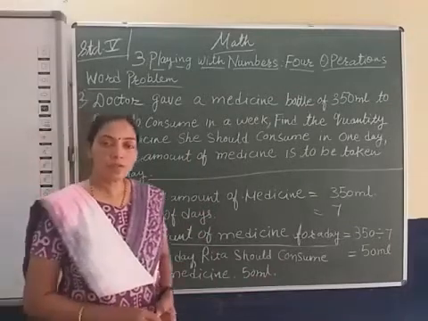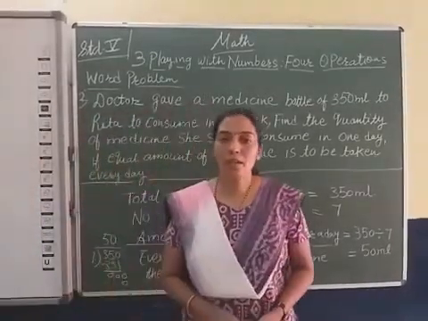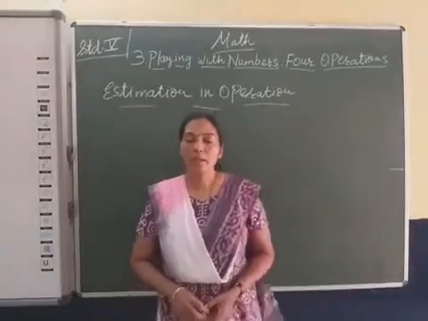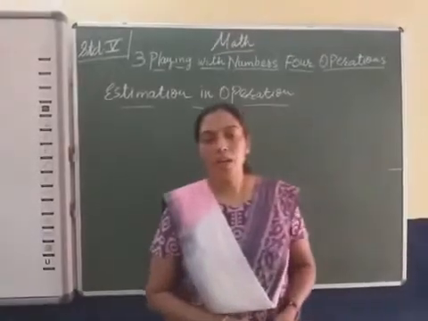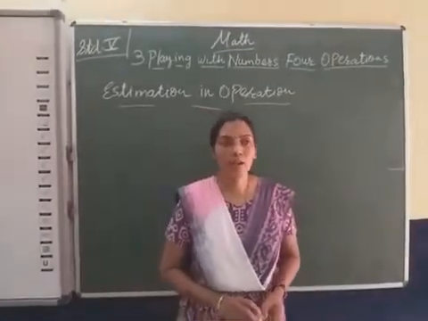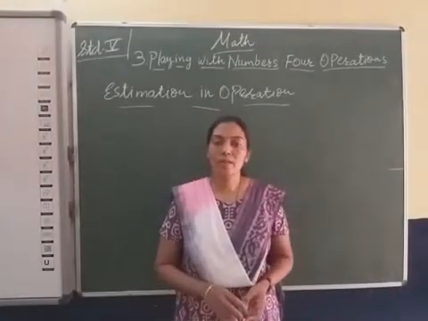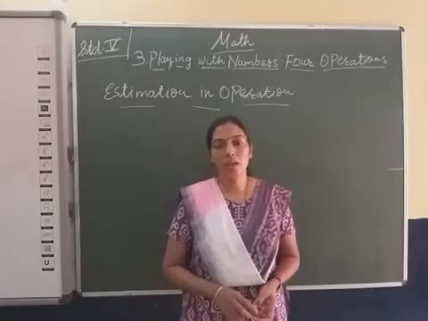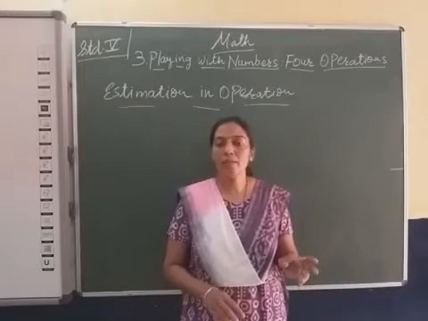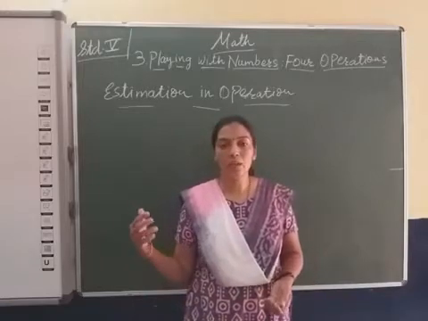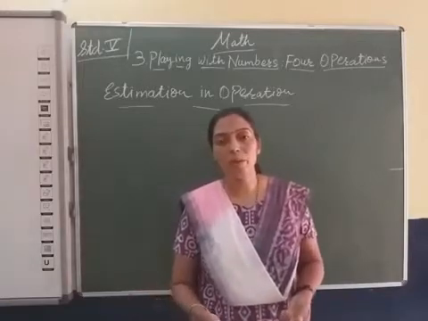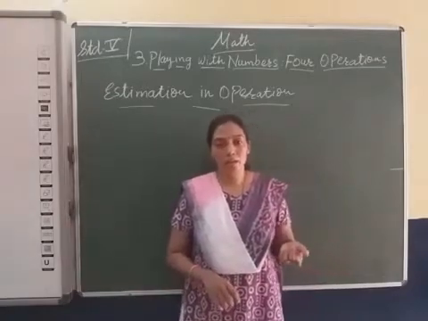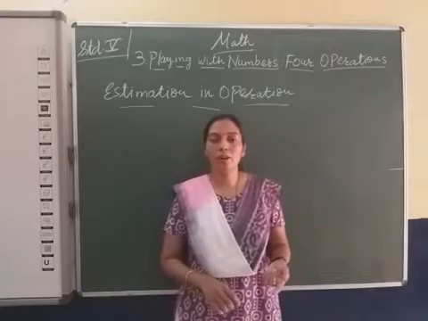Okay. Now students, our next point is estimated number. Estimation in operation means, in your day-to-day life, for example when you are going to a mall or purchase anything, at that time you keep in mind the total number of items you have to purchase and the nearest amount you will have to pay for that.